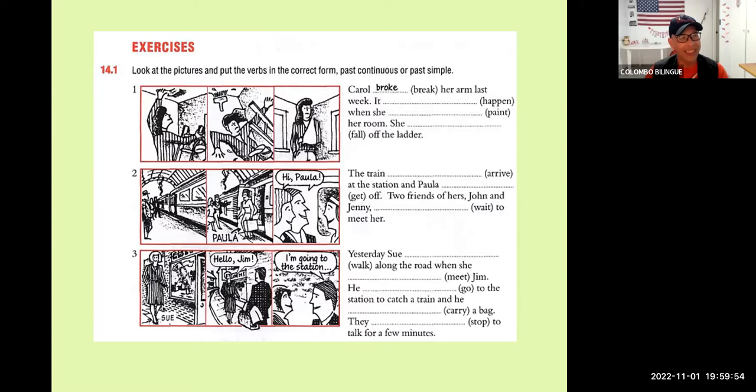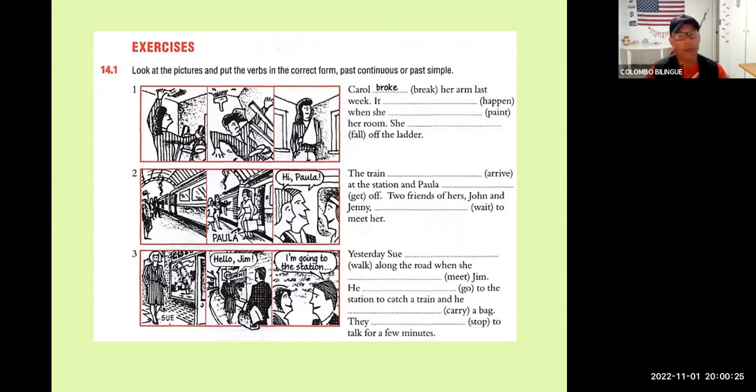Unlucky dog. All right. Second idea: we can see a guy at the train station. Maybe the guy was waiting for the train. After some time, Paula got off the train. When Paula got off the train, her husband was waiting for her.